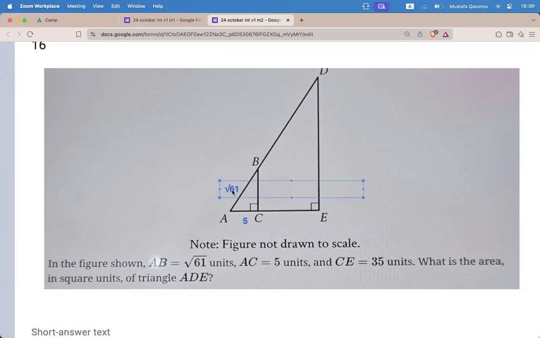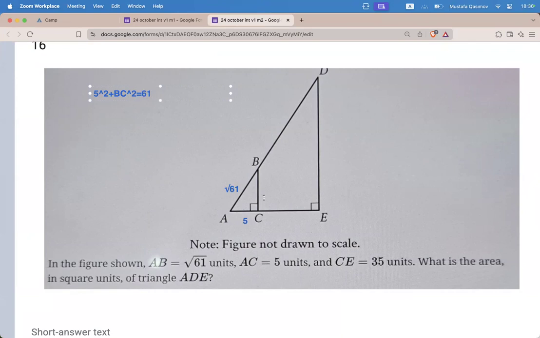Okay, from here, we can use Pythagoras. What was Pythagoras? The square of the hypotenuse is equal to the sum of squares of the legs. So 5 squared plus BC squared is equal to square root of 61 squared, so it is 61.